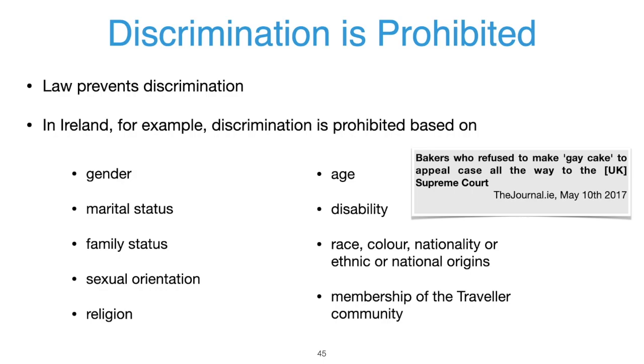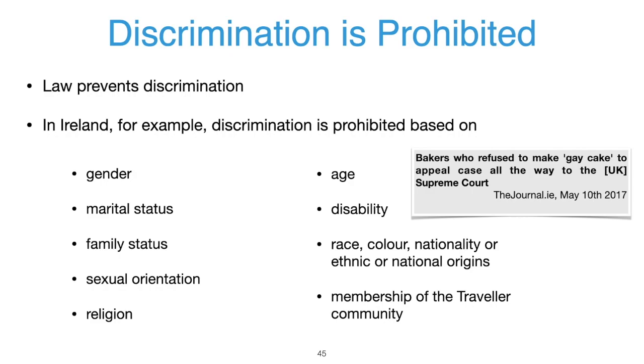In Ireland, discrimination is prohibited. So if you make decisions that affect people based on their gender, marital status, family status, sexual orientation, age, disability, race, colour, nationality, or ethnic or national grounds, or membership of the traveller community, well then that's discrimination.